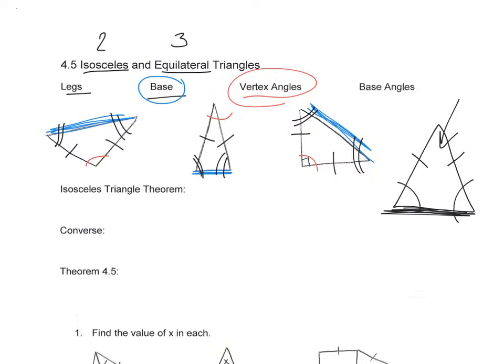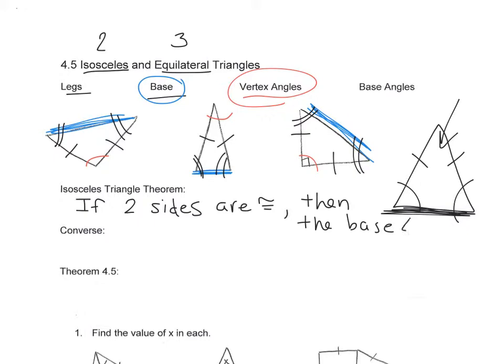The isosceles triangle theorem is if two sides of a triangle are congruent, then the base angles are congruent. The converse is if the base angles are congruent, then the two sides are congruent.